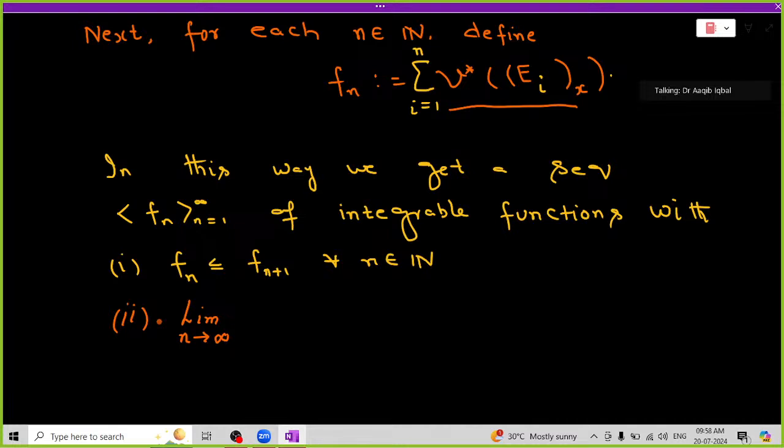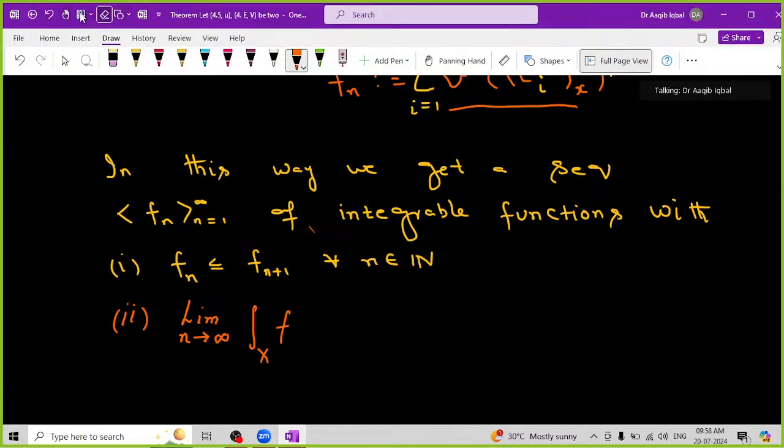And therefore we can then use the Levi's theorem, because for Levi's theorem the limit has to be finite. The limit n goes to infinity, integral over x. अब ये समझ रहा है मैं ये इंटीग्रल ओवर x क्यों ले रहा हूँ, because these fn's are integrable functions over the measure space X, mu.